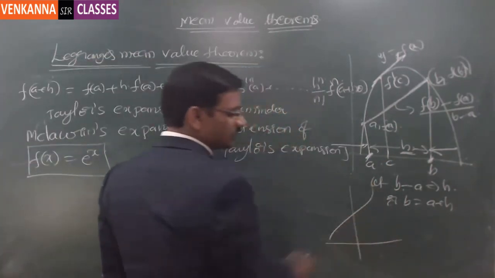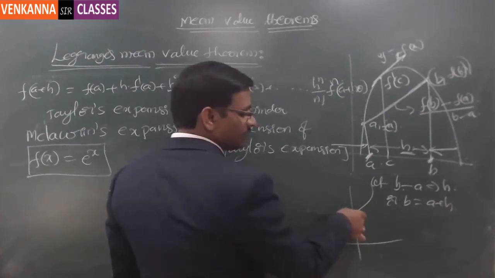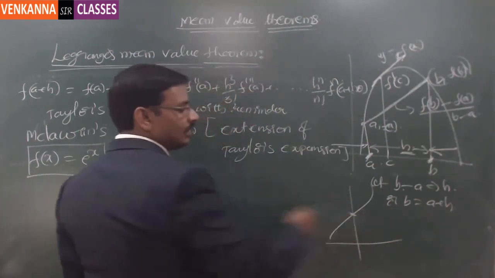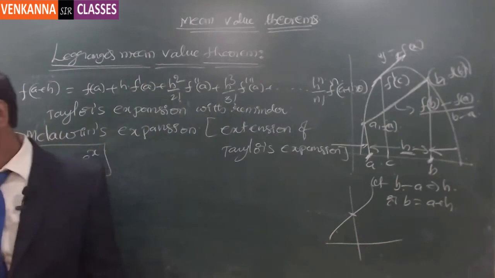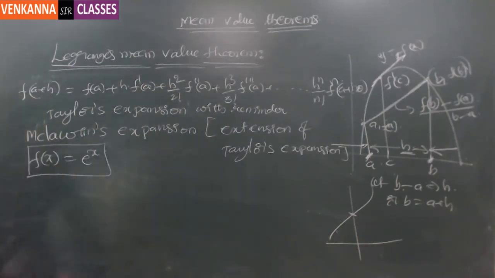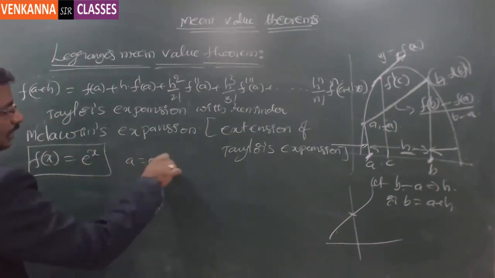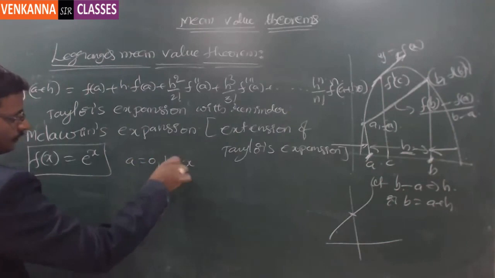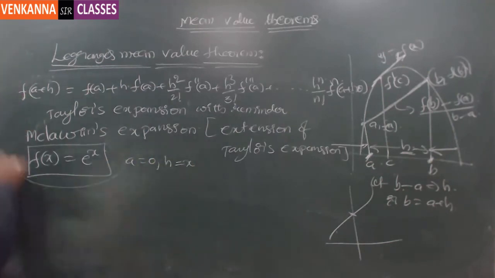Suppose this is the function, then take this particular point and expand the function around it. Got it or not? What it essentially means is that in f of a plus h, treat a is equal to 0 and h is equal to x. Then this will become Taylor's expansion and this will become Maclaurin's expansion.